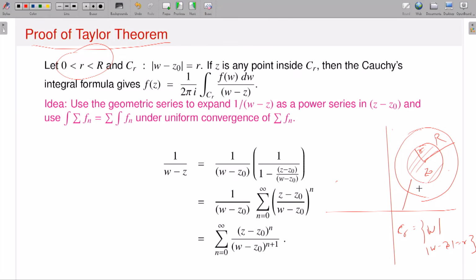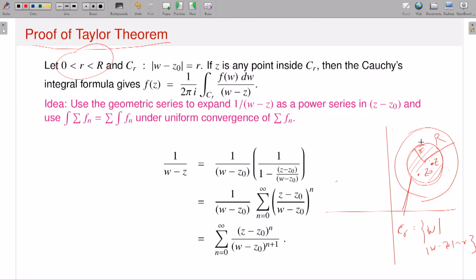Now if I take a point z inside C_r, this is the boundary C_r, and here my function is analytic. So my function is analytic inside and on the contour C_r, and z is inside C_r.